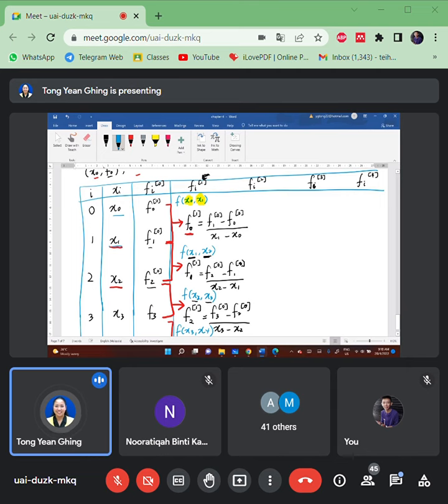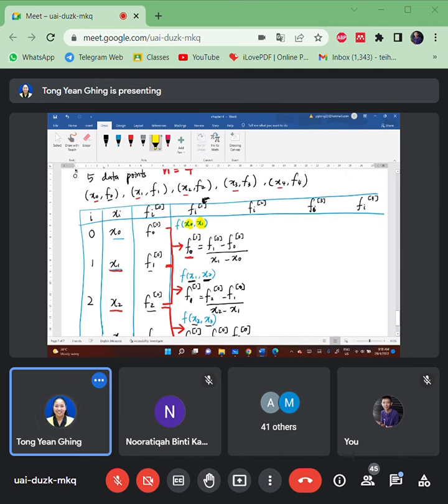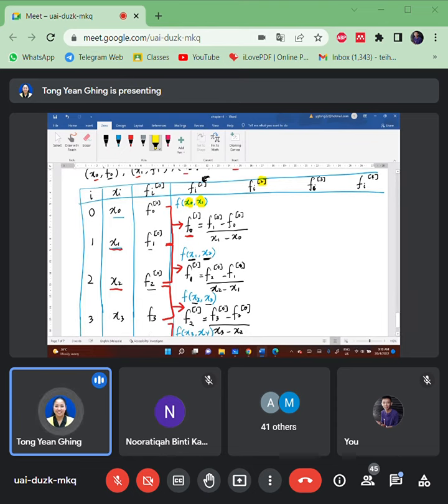Now we have to go to the second divided difference yang ni. Okay. Now, when second divided difference, I will have considered these two. So that means I will consider, kalau tengok yang ni kan, we start from x0, x1, and this one is x1, x2. So here, that means I have considered start from x0, x1, x2. Okay, so kat sini, now this will be f0 second divided difference.